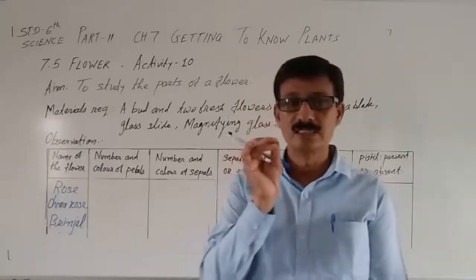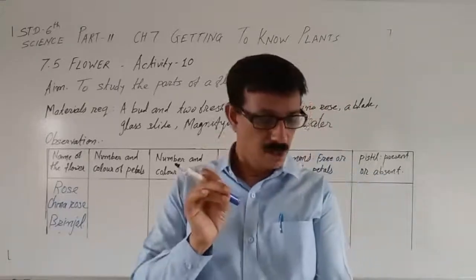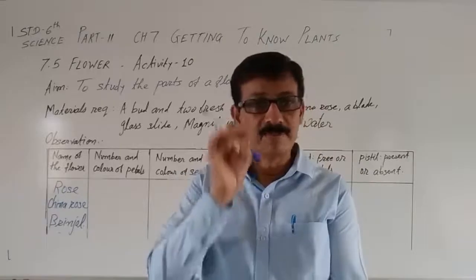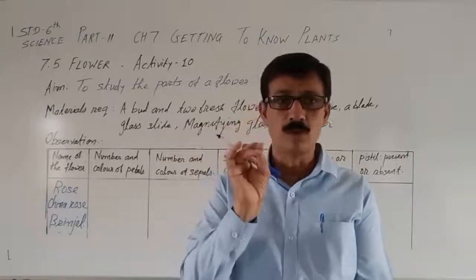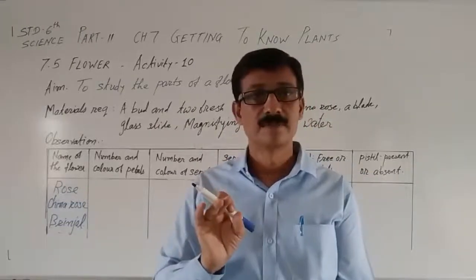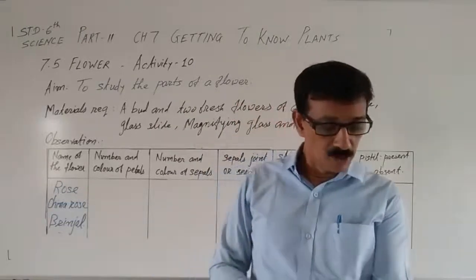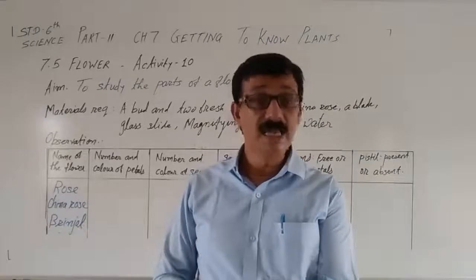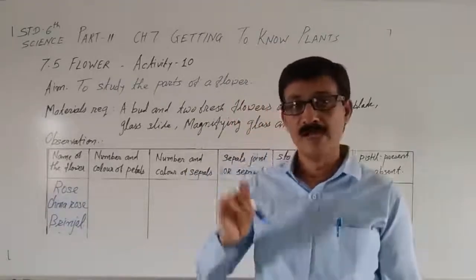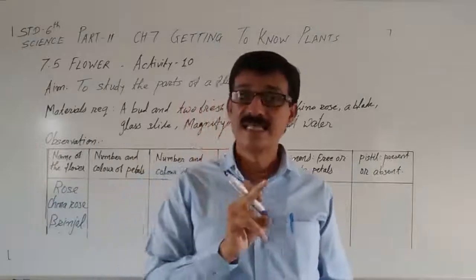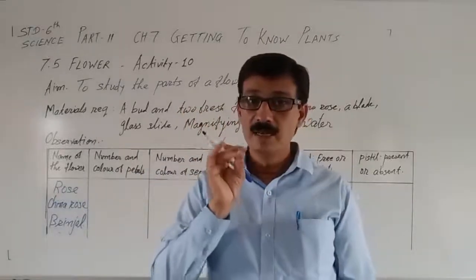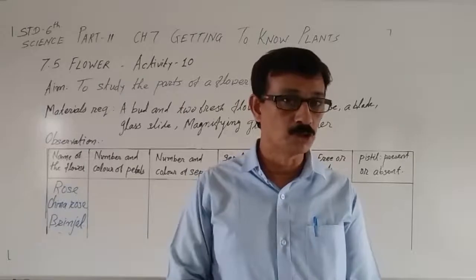Generally, these flowers, say mango, guava, maize, are not brightly colored or big flowers, they are very small, but there are flowers. Are those brightly colored? Let us study a few flowers. Today we are going to study some types of flowers, and second, we will study the parts of the flowers also.